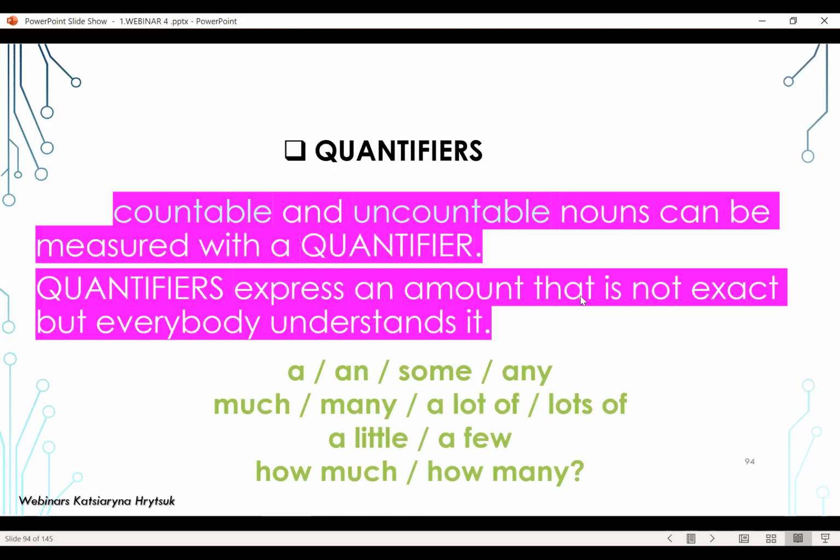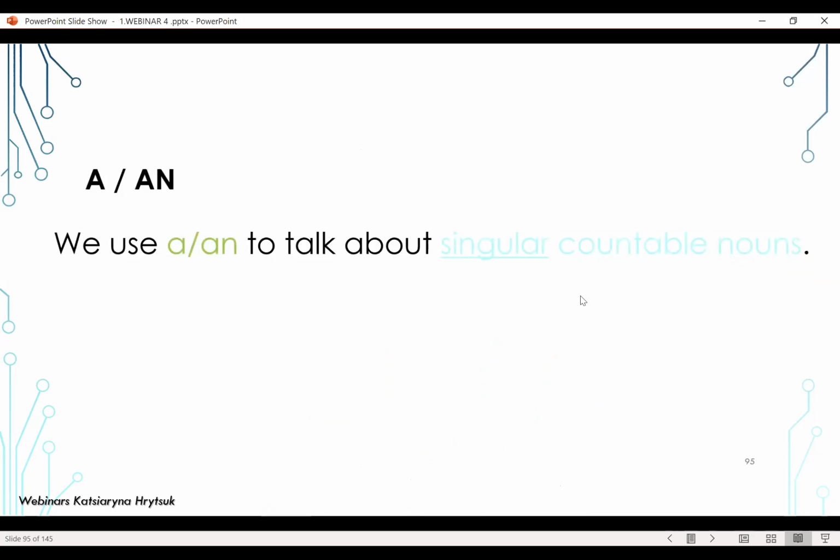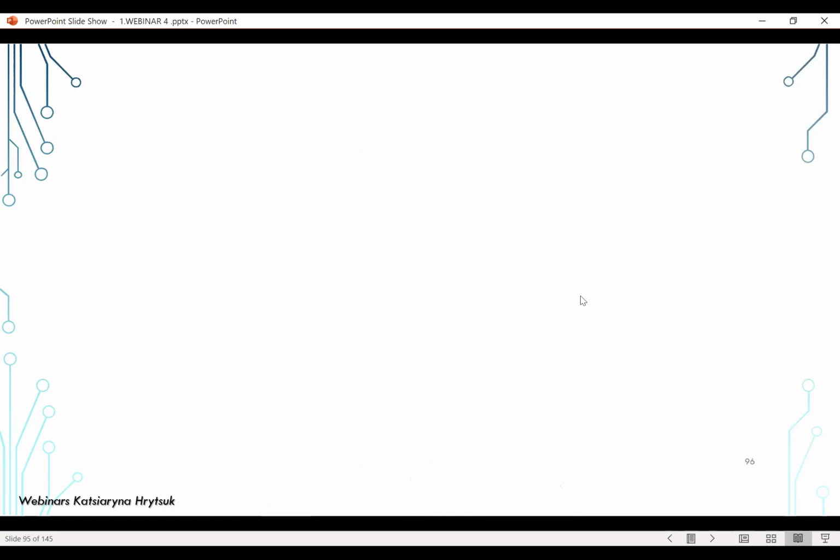It's not only an article, it's also a quantifier. Some, any, much, many, a lot of, lots of, a little, a few, how much, and how many. They are all quantifiers. So an, we know, singular countable noun: a nut, a lemon, an egg, an apple.